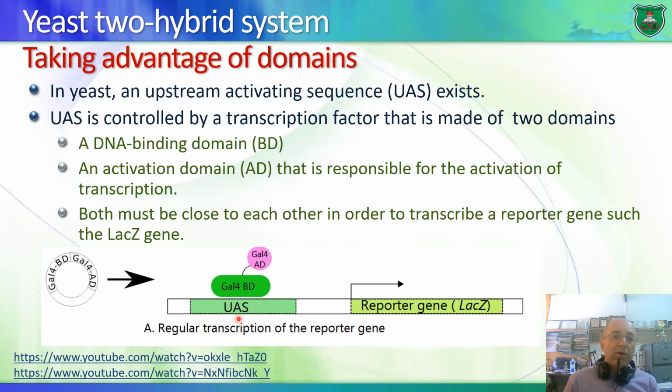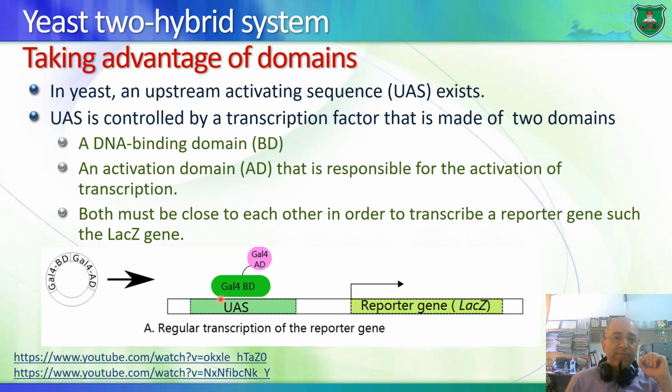All right, so the UAS system is the binding site of a transcription factor known as GAL4. If GAL4 exists, it binds to the UAS system and it produces this reporter gene. Now, the GAL4 protein consists of two domains: a DNA binding domain and an activation domain.